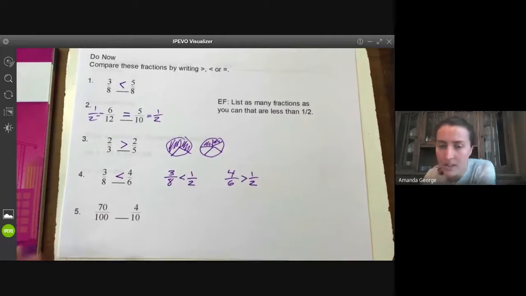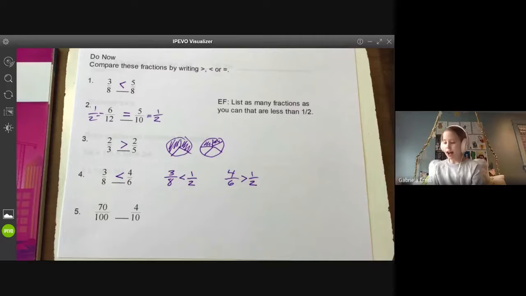Could I have a volunteer to do the last one? Talk us through what you did, please. Gabby. So the fractions were 70/100 and 4/10, and I knew that 70 was greater than 4, and the denominator doesn't really matter when you're comparing fractions, unless you have the same numerator.